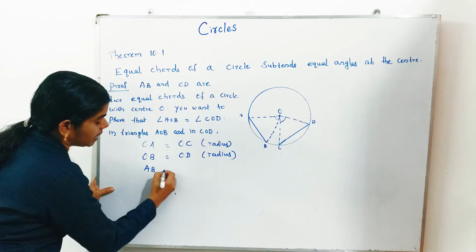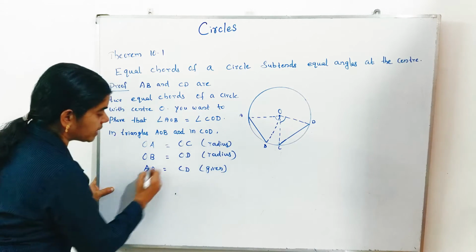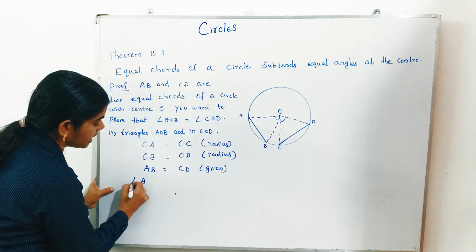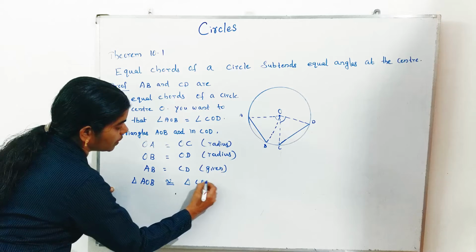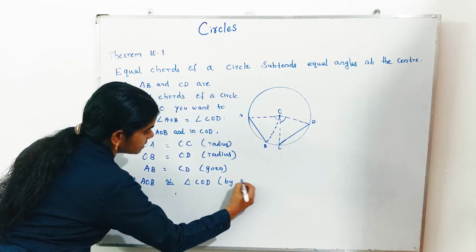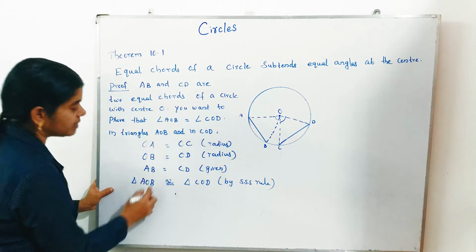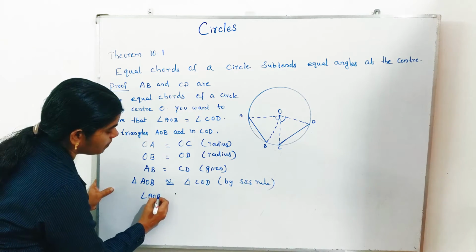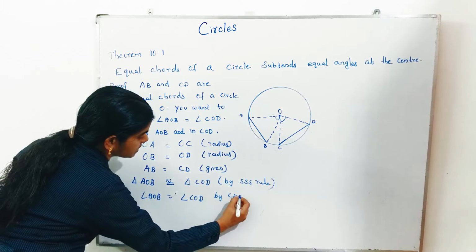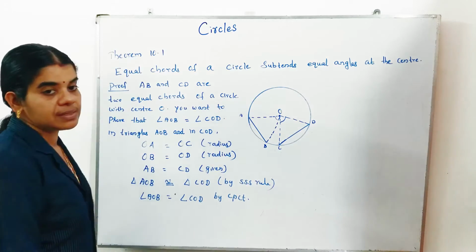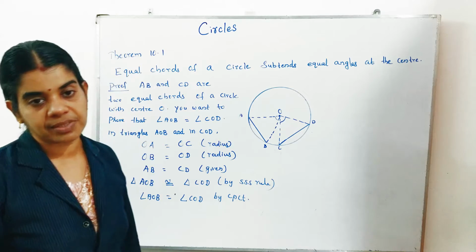Then which congruency are we using here? Triangle AOB is congruent to triangle COD by SSS congruence rule. So angle AOB equal to angle COD by CPCT, and you want to conclude that equal chords of a circle make equal angles at the center.